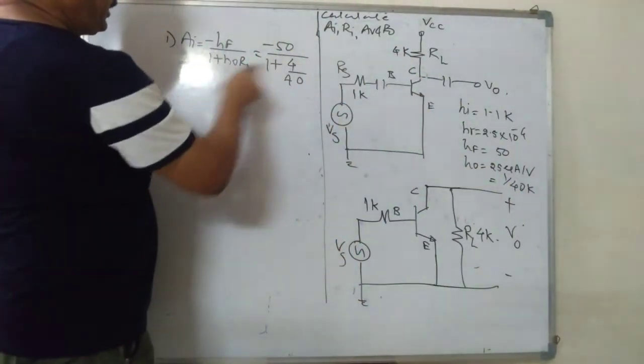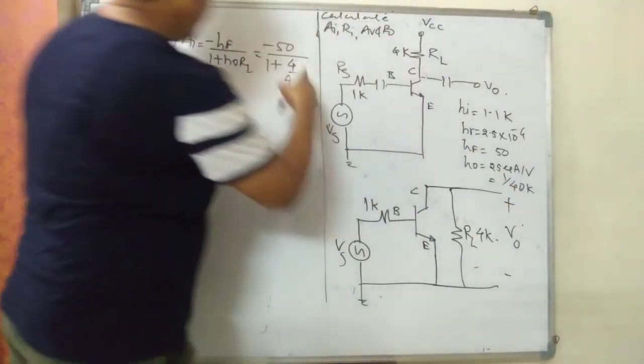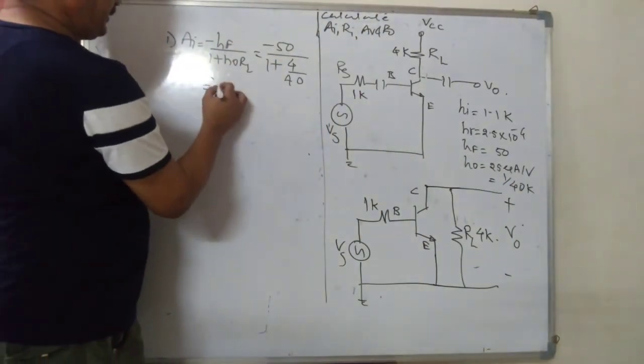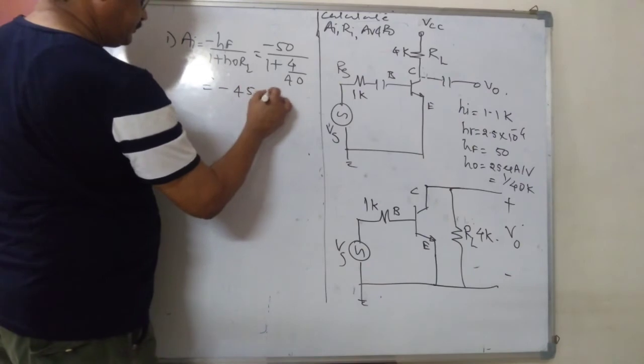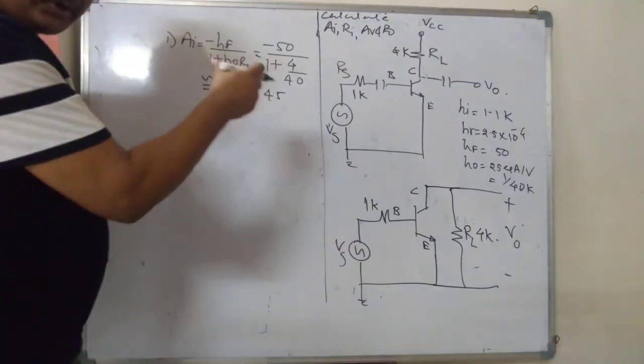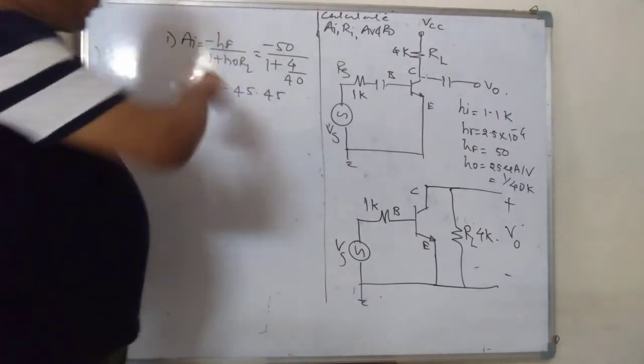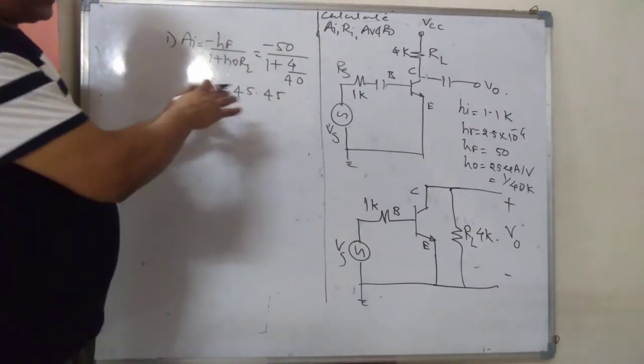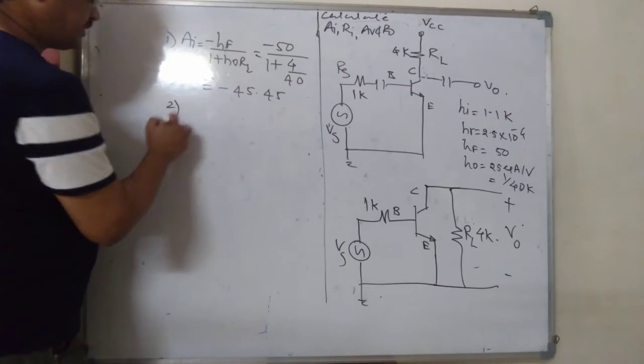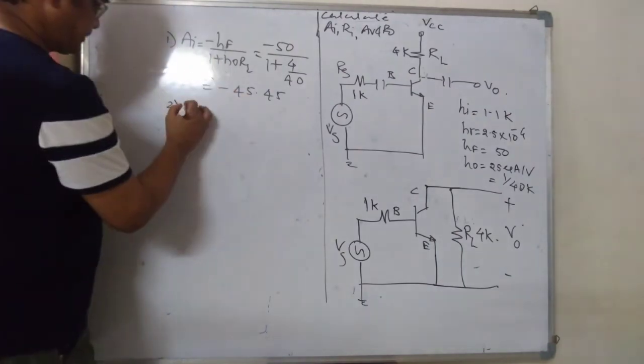RL is 4K and HO is 1 upon 40. Right? So this will be approximately. You yourself solve the numerical. You solve, use the calculator and tally whether the answers are correct or not.